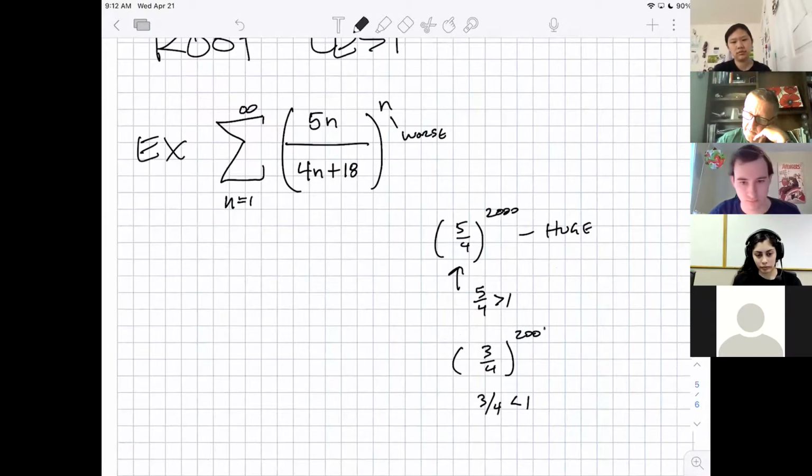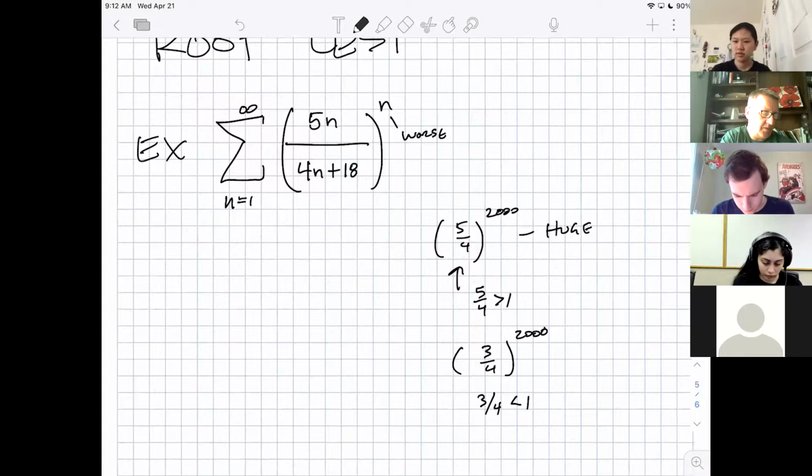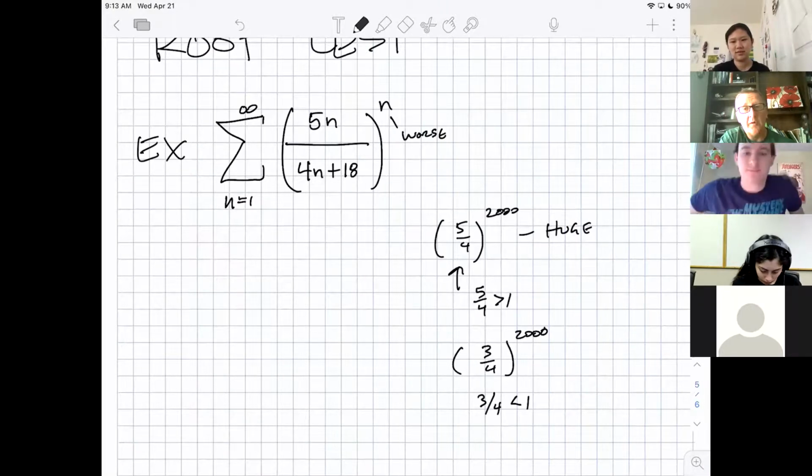What's your calculator say if you take 3/4 and raise it to some large power? 3/4 times 3/4 times 3/4 times 3/4. What's it say? 2,000. Yeah, it says 0. It isn't 0, but it's so close it can't even tell you.